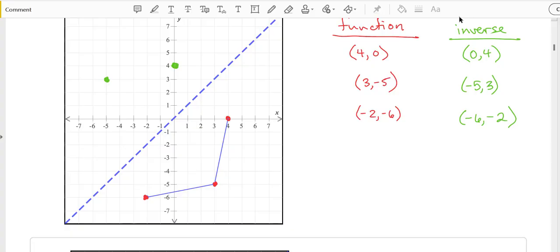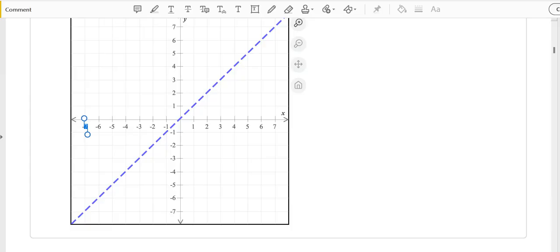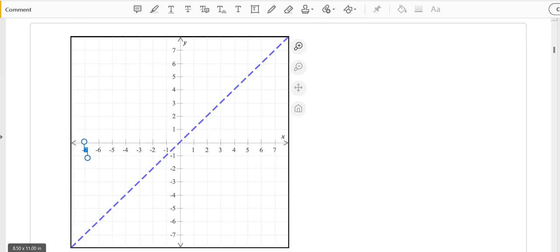And I'll have the point (-6, -2). So here in green is my inverse. And I can do a double check because this line y equals x should act as a mirror. You should see the same thing on one side, which is the function, as you do on the other side, which is the inverse. So the part in green is my inverse.